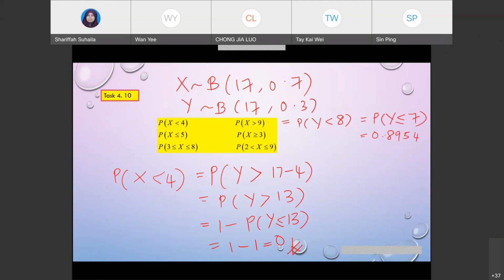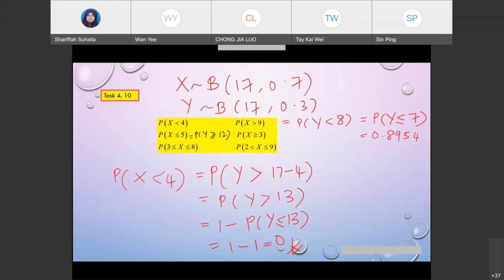So probability x less than or equals to 5 should be probability y greater than 17 minus 5, so greater than or equals to 12.